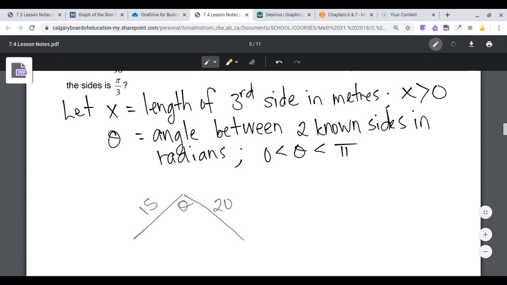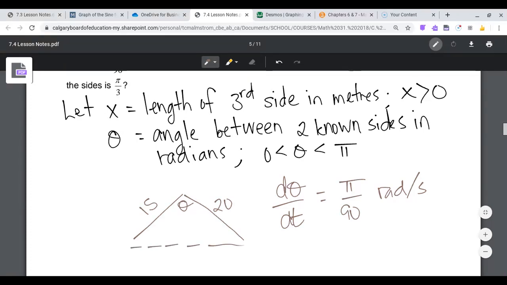The angle between them is increasing at a rate of pi on 90. So I know d theta dt is equal to pi on 90 radians per second. That's what I know. And I also know that I cannot assume this to be a right triangle.